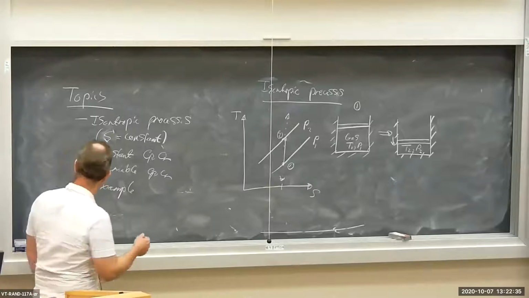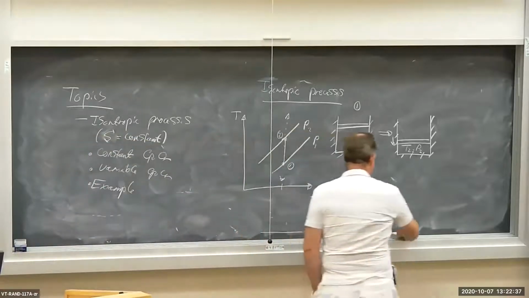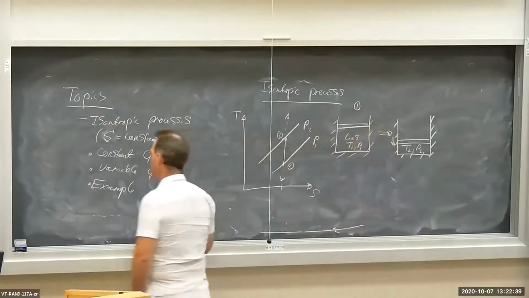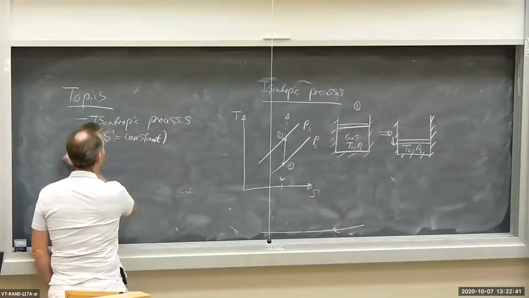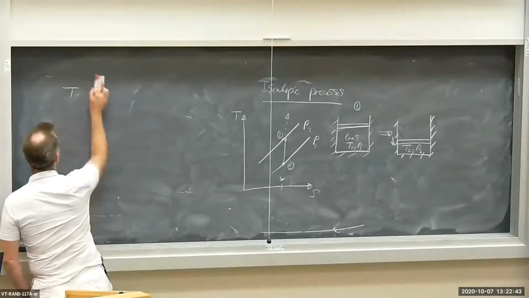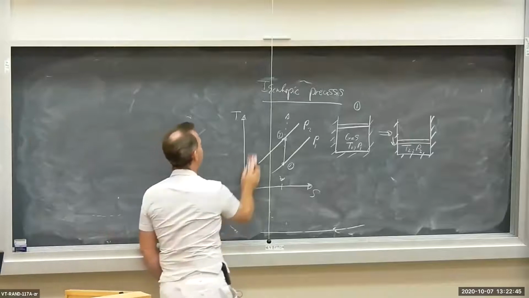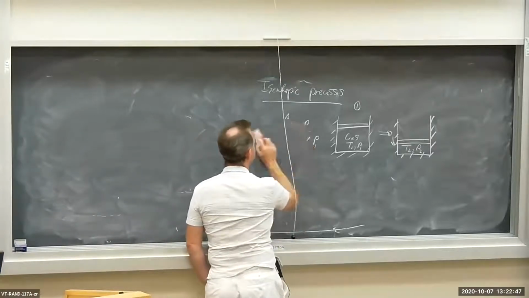So let's get an equation that relates, let's say, temperature and pressure, or temperature and volume, or specific volume, for an isentropic process.